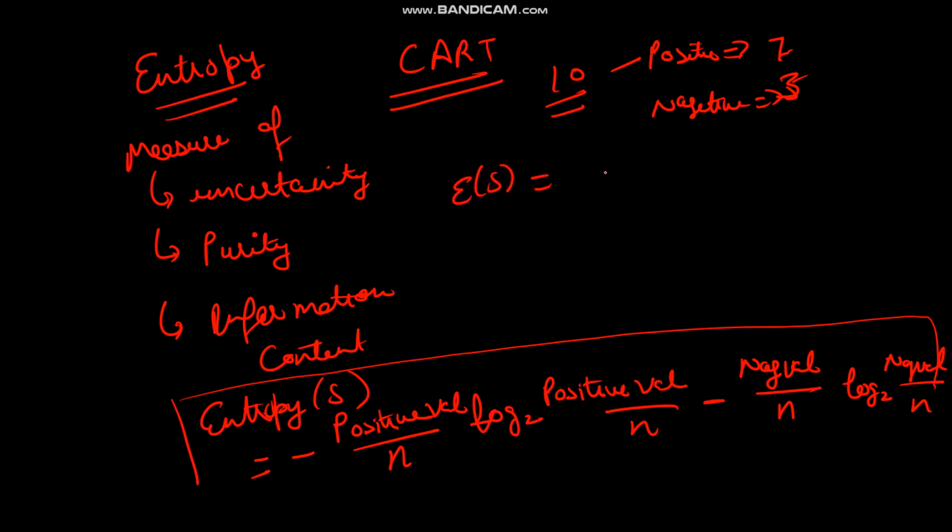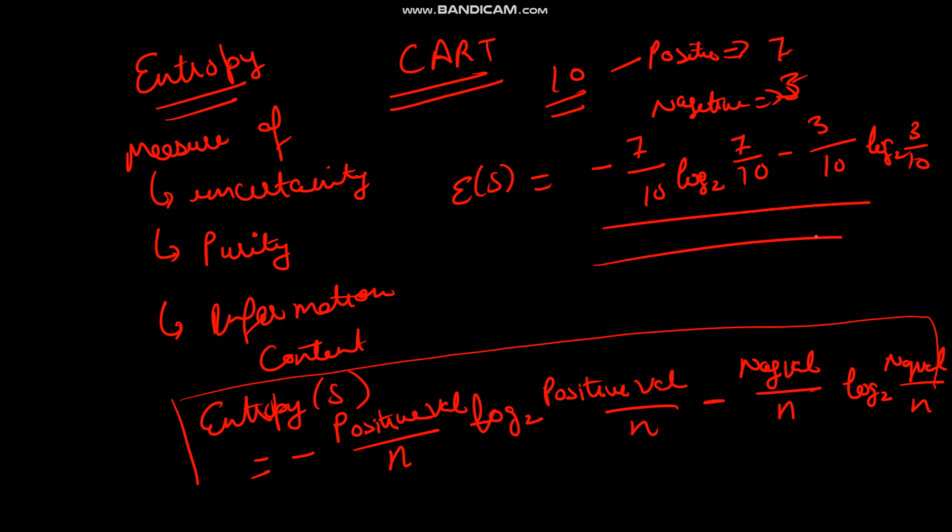It will be minus 7 by 10 log 2 of 7 by 10, minus 3 by 10 log 2 of 3 by 10. So this is how we calculate the entropy. So it will give the value of uncertainty.